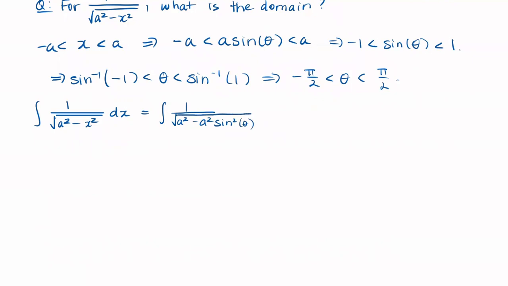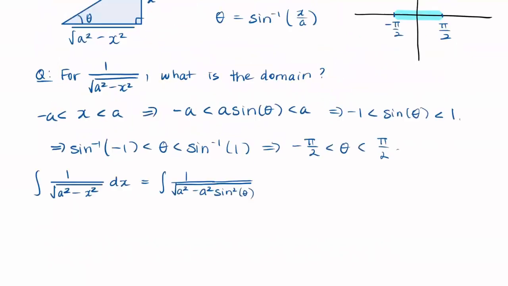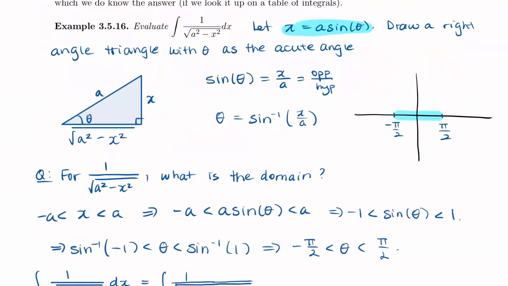Now, what happens to the dx here? Well, dx is going to be a cos theta d theta, right?